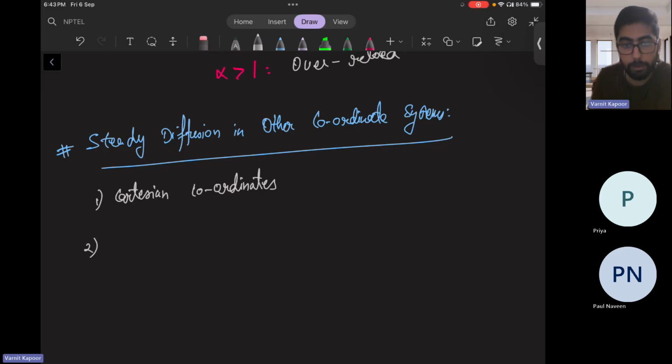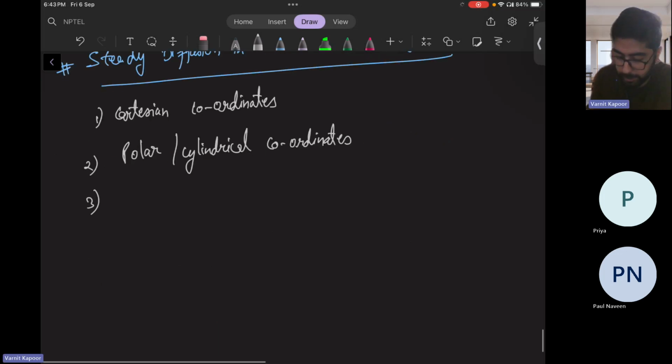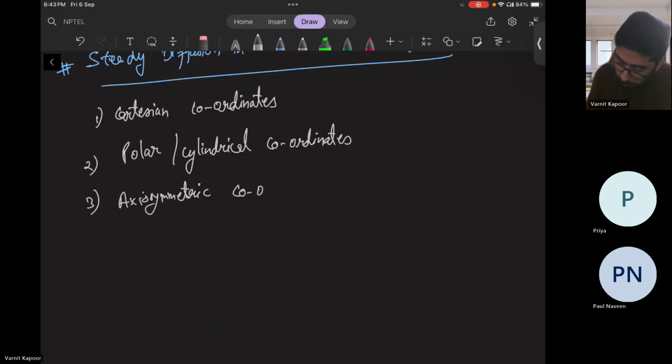Now we will deal with polar coordinates or cylindrical coordinates. And third, we will deal with axisymmetric coordinates. All right.